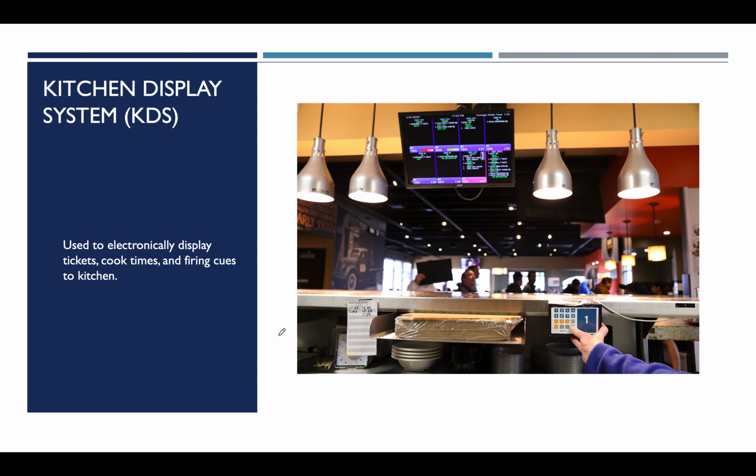Adding another layer to this, you can set it up to pretty much automate. So when a server rings in an entire 3-course ticket with various items, the computer knows what items need to be fired first from what station. The appetizers go to the Garde Manger station first. It says, fire appetizers A, B, and C, so they do that.